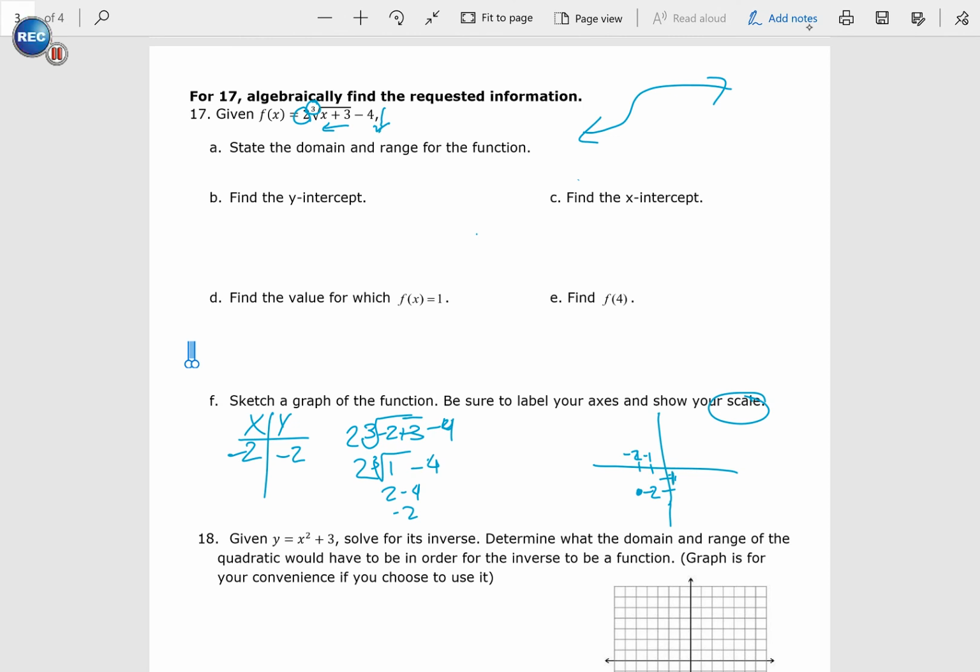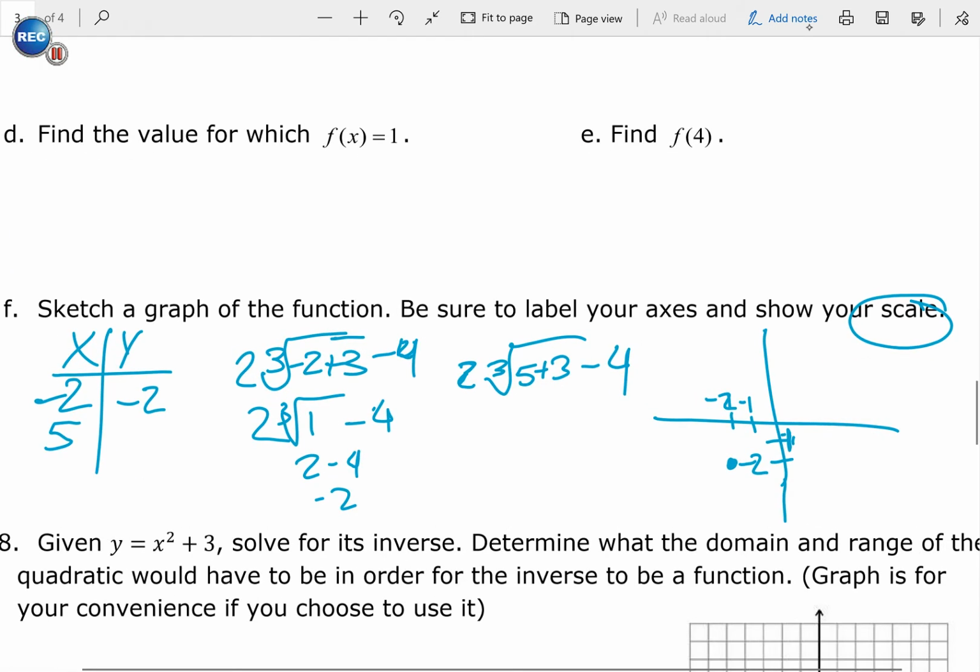So the next point that I'm going to have, I really want to be the cube root of 8. So that's going to give me 5. If x is 5, plus 3, we're going to substitute that in. That's going to be 2 times the cube root of 5 plus 3, minus 4, which is the cube root of 8 minus 4, 2 on the outside.